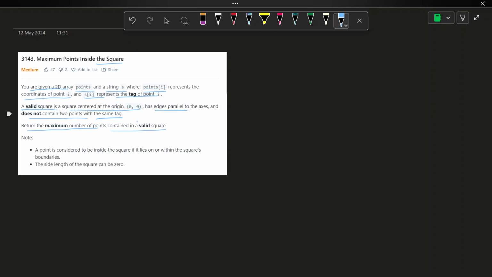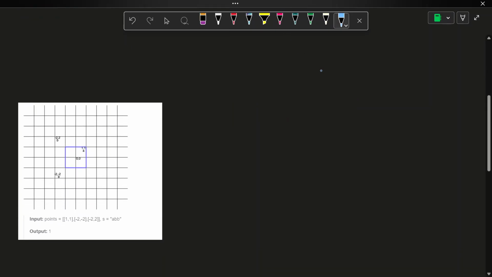So we will be given the coordinates of points. Suppose this is, let's say, the example. For this example, the points present are (1, 1) and the tag is a.